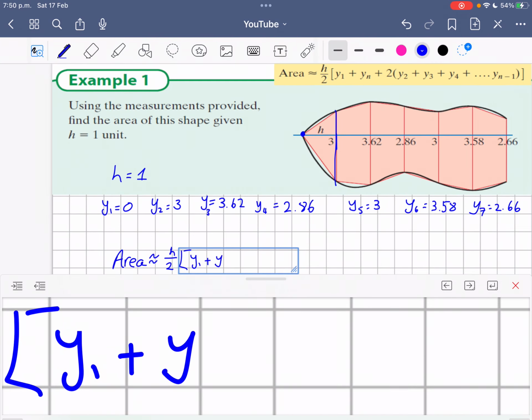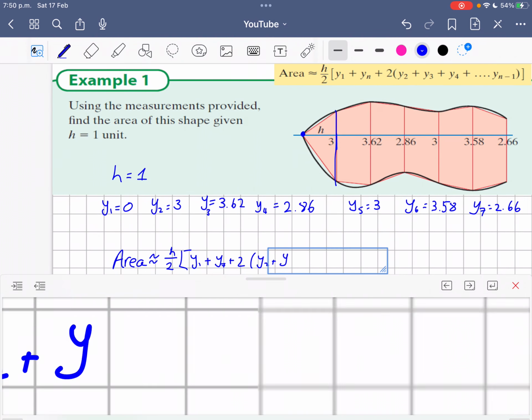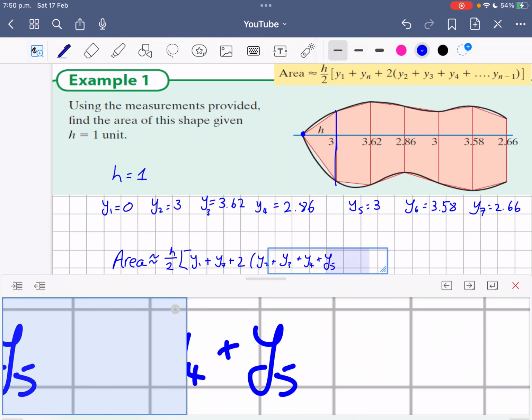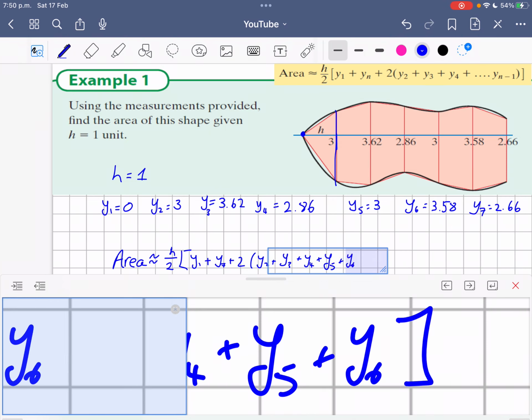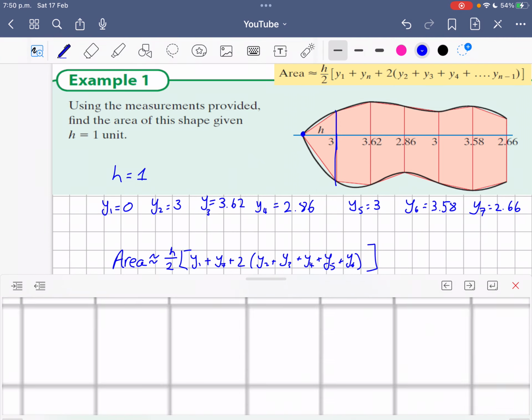So y1 plus y7, and then add 2, y2, y3, y4, y5, and y6. Close bracket.